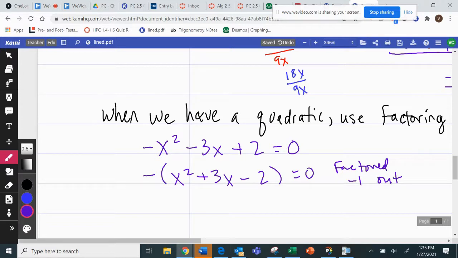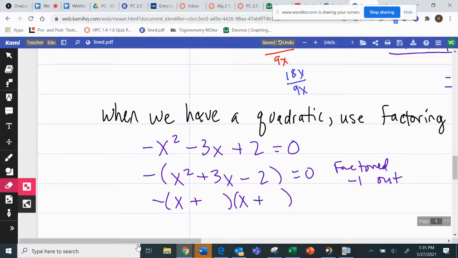Now what? Are you trying to factor it? So we got x and x. I'm going to have one positive and one negative so that these two numbers will multiply together to give me negative 2.